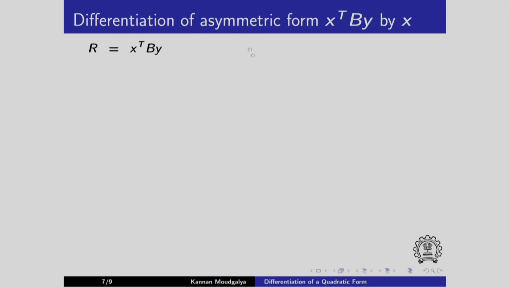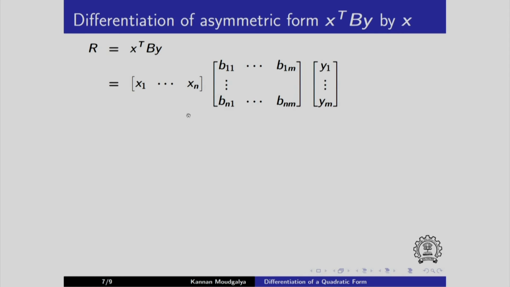Now let us take an asymmetric form x transpose By. So let R be equal to x transpose By. Let us write it out, x transpose B times y, and let us expand this. What will this be? This row multiplied by this column, that is the summation, that will come in the first row, that will be multiplied by x1.